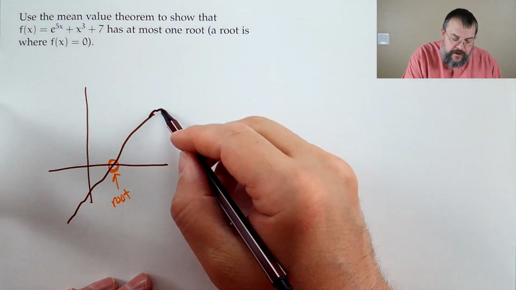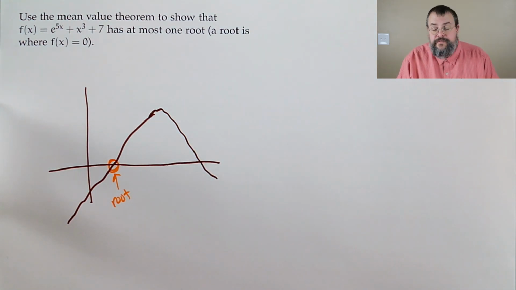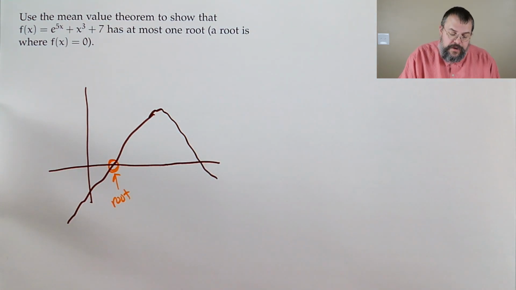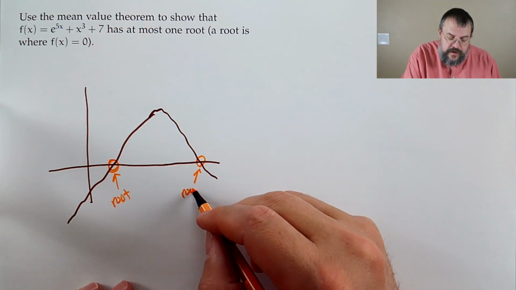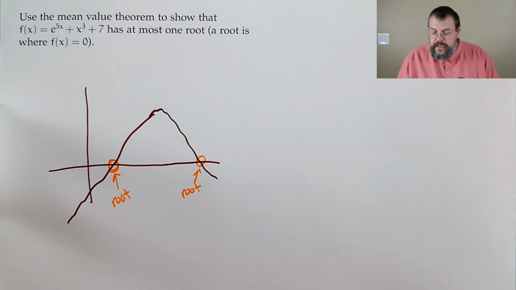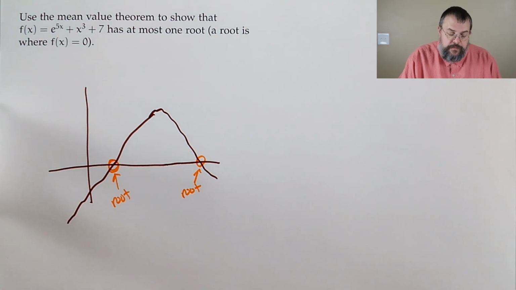So suppose that somehow it came back down at some point. So suppose it had 2 roots. Well, what would be true? So here is another root. Let's suppose, again, they have to happen at 2 places.